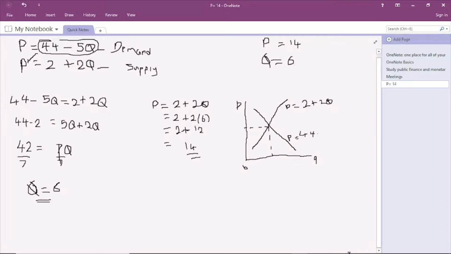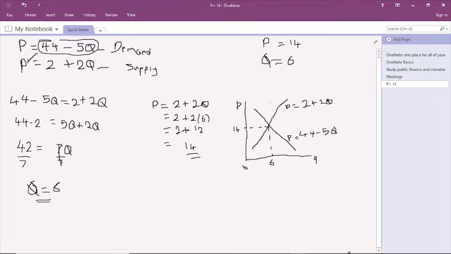Actually, you can solve for these equations to plot the graph. So here the price, what did we find? The price was 14, and then the quantity was 6.